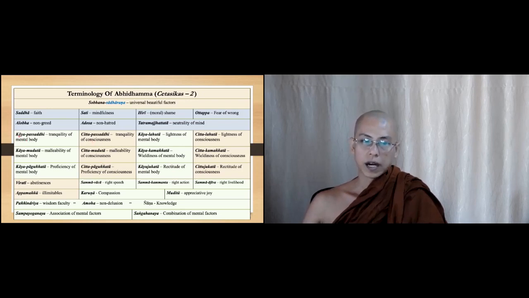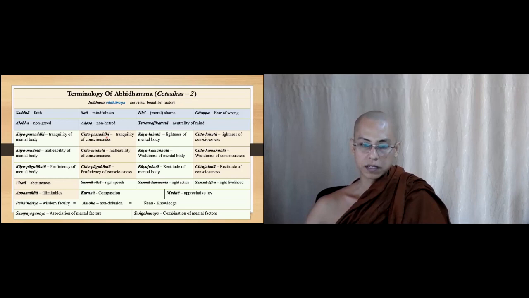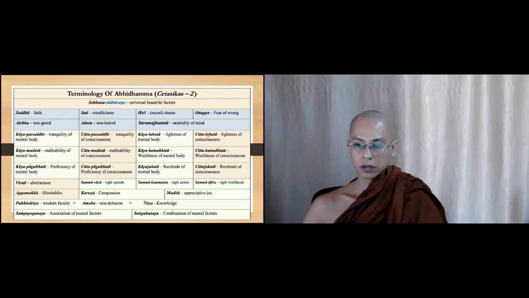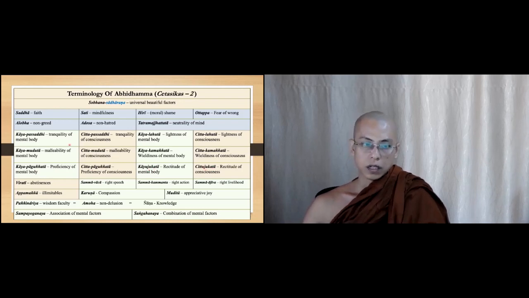Related to the Kaya: Kaya passaddhi, Citta passaddhi. They come in pairs. In order to understand easily, here Kaya and Citta are put together. Kaya passaddhi, Citta passaddhi, Kaya lahuta, Citta lahuta, Kaya mudutta, Citta mudutta, Kaya kammannata, Citta kammannata, Kaya pagunnata, Citta pagunnata, Kaya ujukata, Citta ujukata.